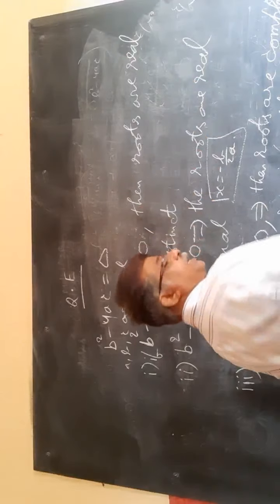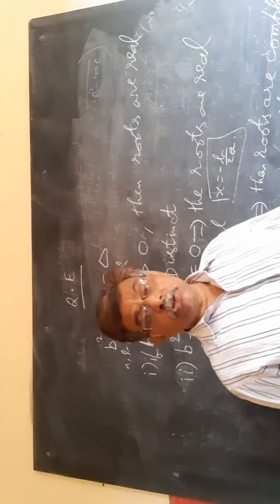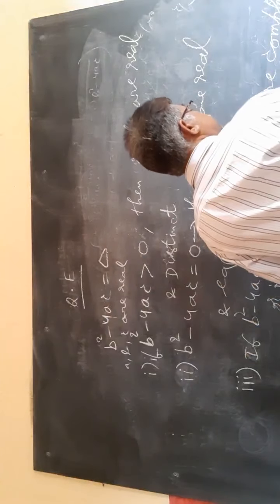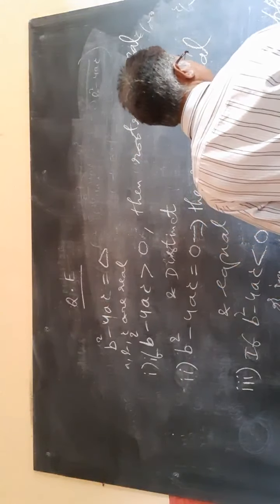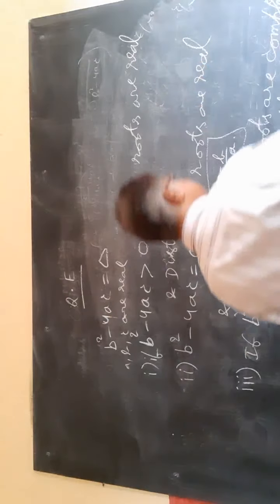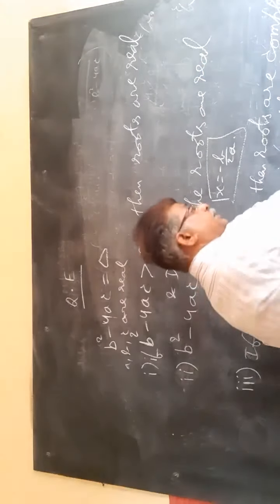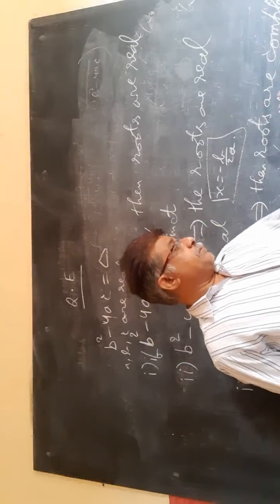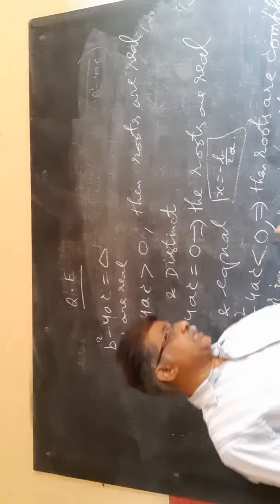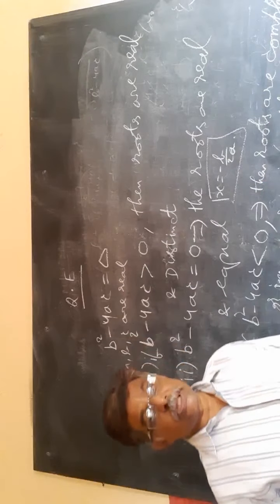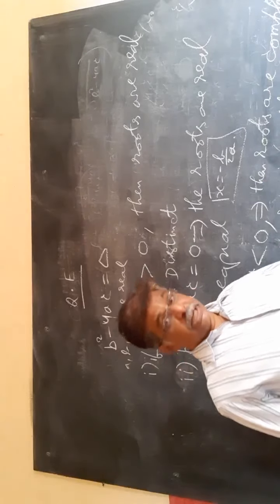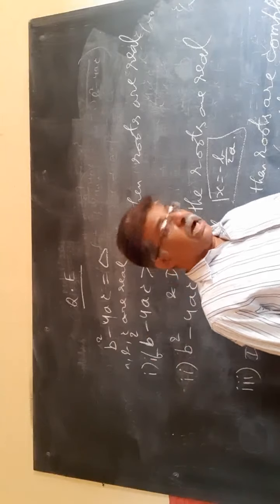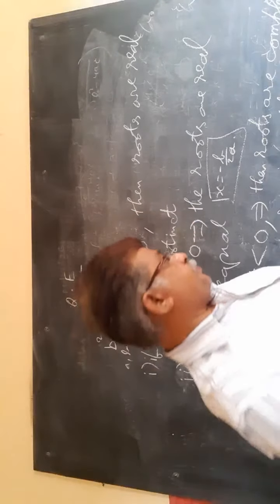A plus ib and a minus ib are called conjugate roots. This a plus ib form is called a complex number, which we will discuss later in a separate chapter. Presently, just remember, if b square minus 4ac is less than 0, then the roots are complex or imaginary, and those complex roots are a plus ib, a minus ib.